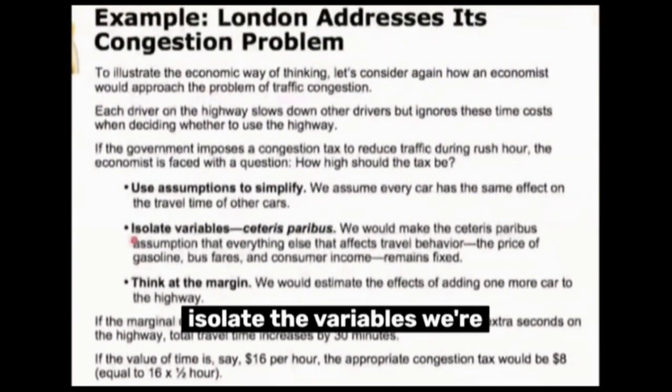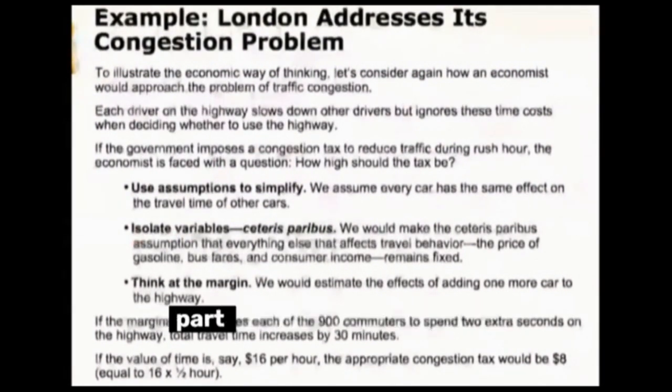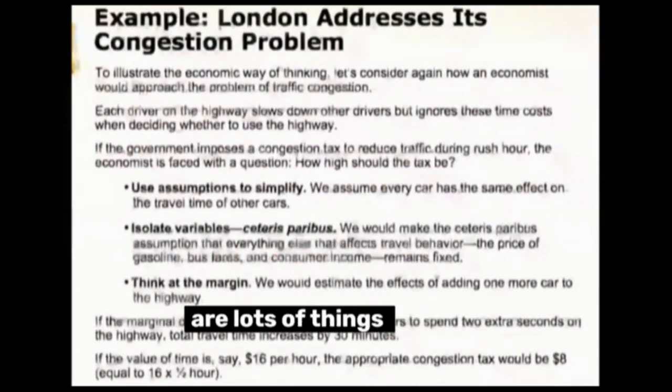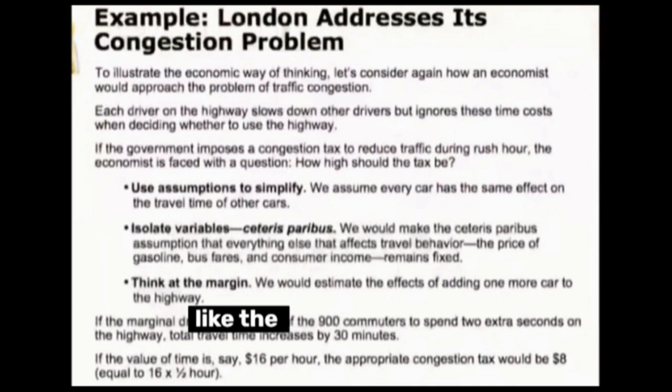Now, we're also going to isolate the variables we're looking at. We make the ceteris paribus assumption that everything else that affects travel behavior, and there are lots of things that do, like the price of gasoline, bus fares, and consumer income, is held fixed. All of these things are going to affect traffic congestion and travel behavior.